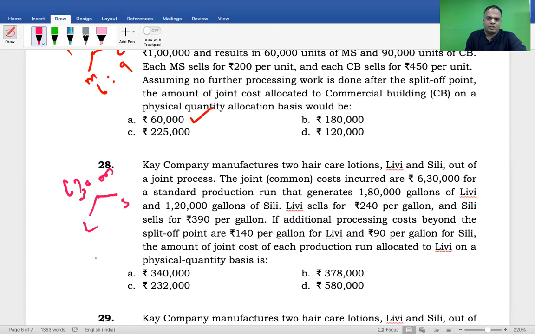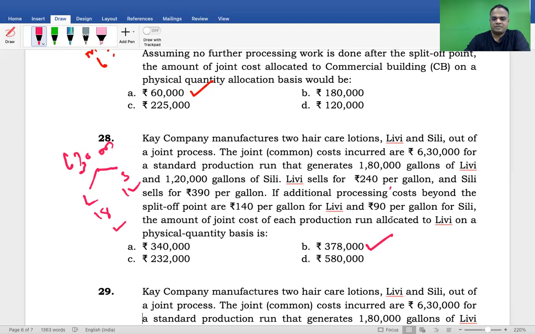That is an 18:12 ratio. Which product are they asking you to apportion? Livy, for 18. So 3,78,000 based on the physical unit method. Are you comfortable? Yes, sir. Okay, total cost you apportion based on number of units.